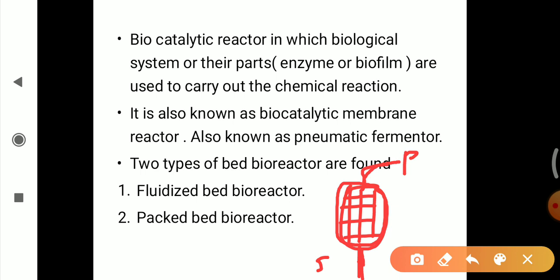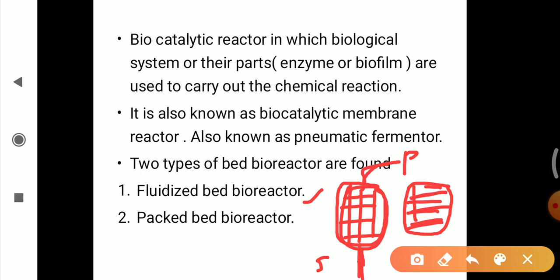This bioreactor is mostly used for wastewater treatment. This is what we have seen for the fluidized bed bioreactor. It is very much similar to the packed bed bioreactor. Here, this is the vessel, and the packaging material, or the column or bed, is prepared from solid raw material.